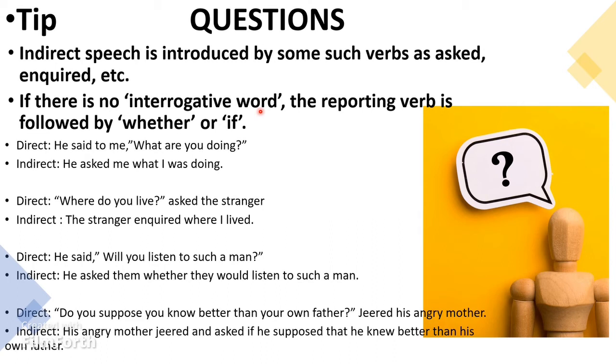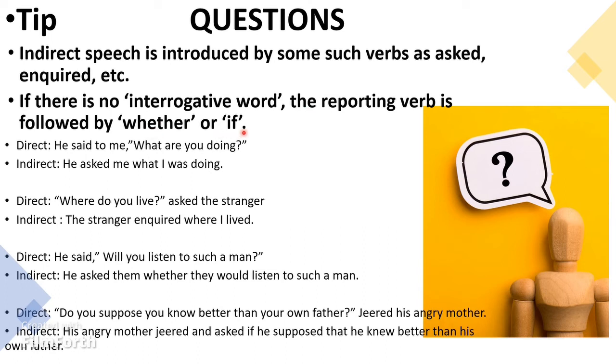The WH words, that is what, where, when, which, why, and just one extra, how. They are known as WH words, interrogative words. They make a question. And if there is no interrogative word, then the indirect speech should have whether or if. I hope it's very clear.